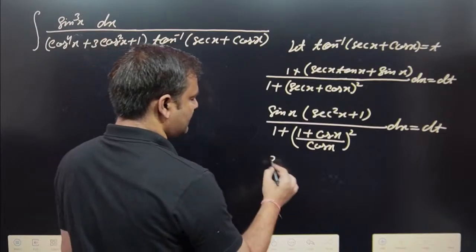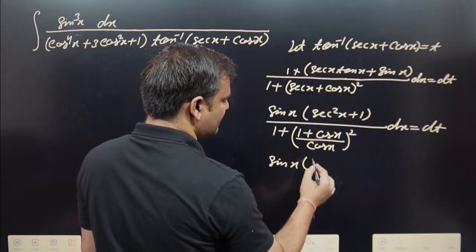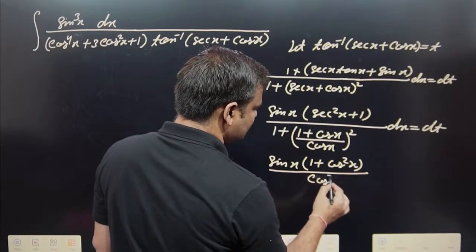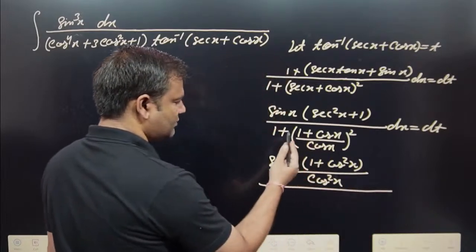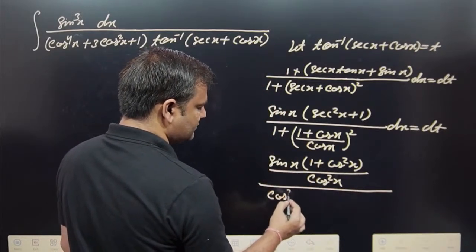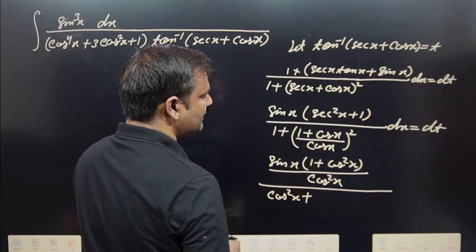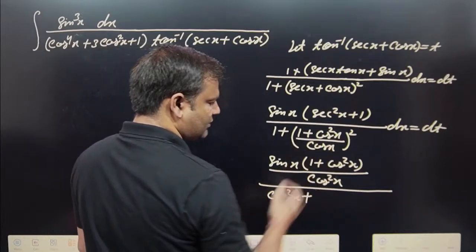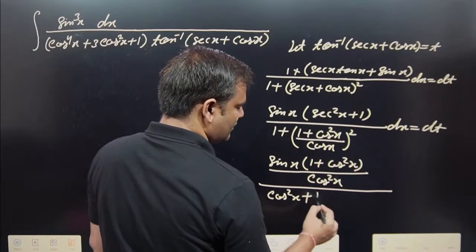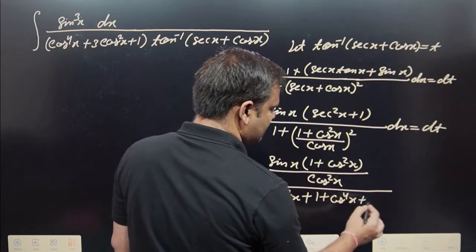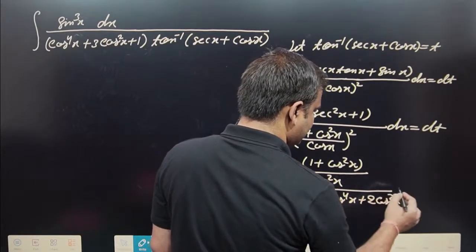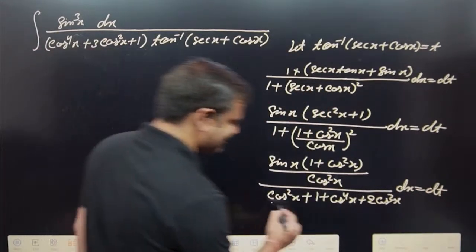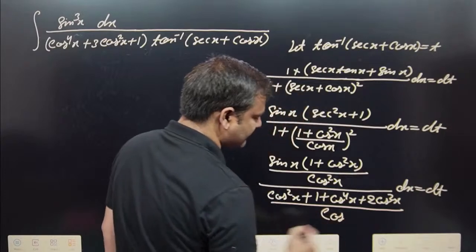Here sin x, and that one is also 1 plus cos square x divided by cos square x, and now that one is written cos square x plus... Basically here is a square. 1 plus cos square x to the whole square, that is cos to power 4 x plus 2 cos square x plus 1, dx, equals dt, divided by cos square x.